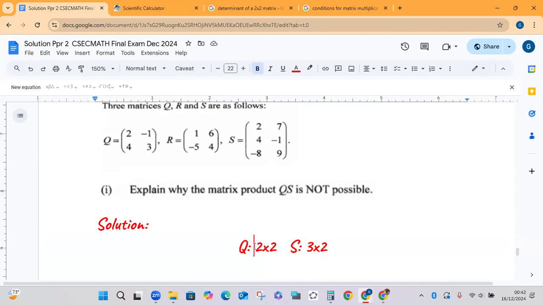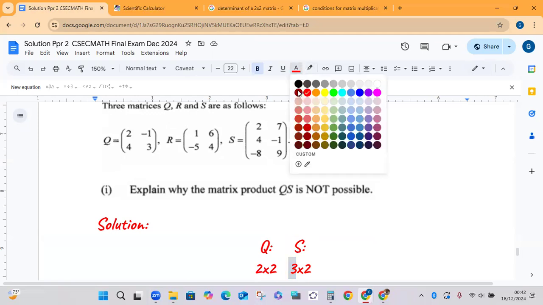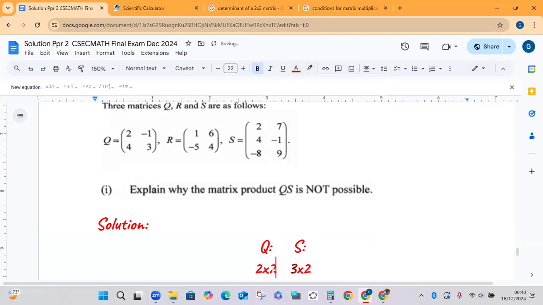Let me put this under, let me put this there on top, so it will look more like the notes. So those two numbers are not equal. So since they are not equal to each other, then matrix multiplication is not possible.